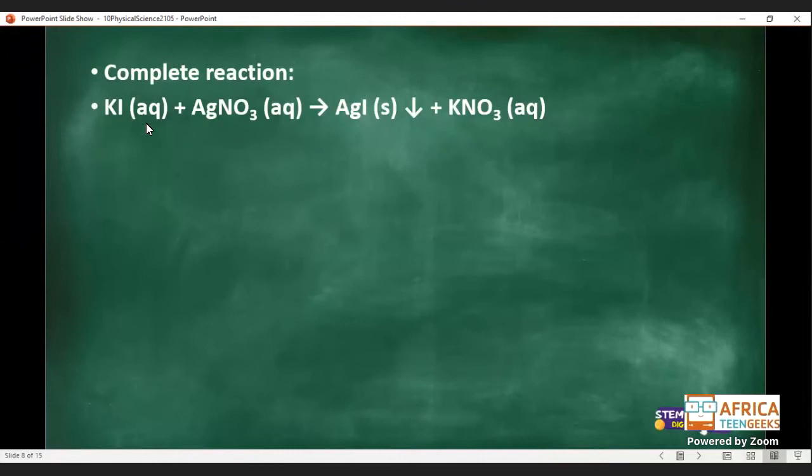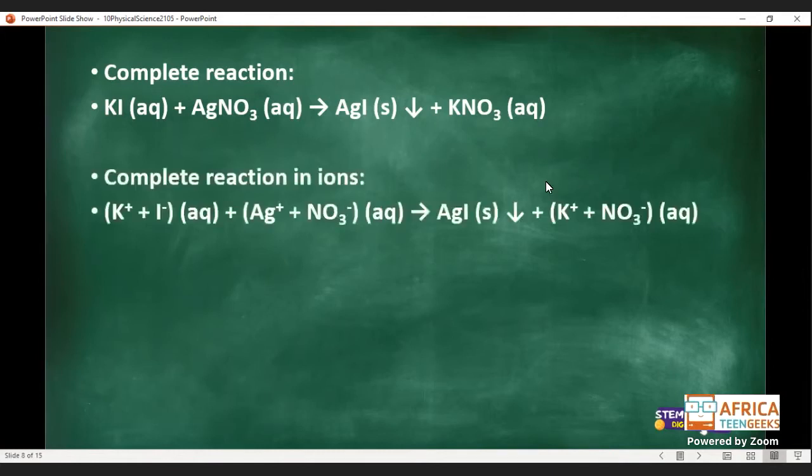Everything that I put in and everything that I get out. Okay. Now we are going to write this as ions. Okay. So look what happens to potassium iodide. It's potassium and iodide.